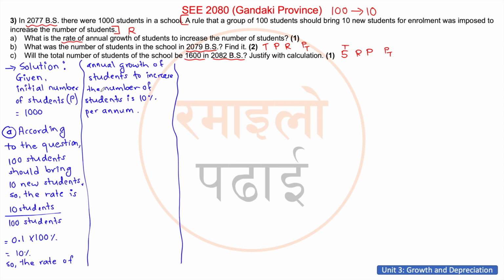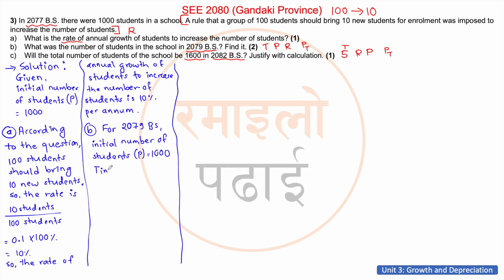If there is any confusion, you can ask me in the comment section. Now moving on to question number B. What is asked is what was the number of students in the school in 2079 BS? Find it. So for 2079 BS, the initial number of students, that is P equals 1000.